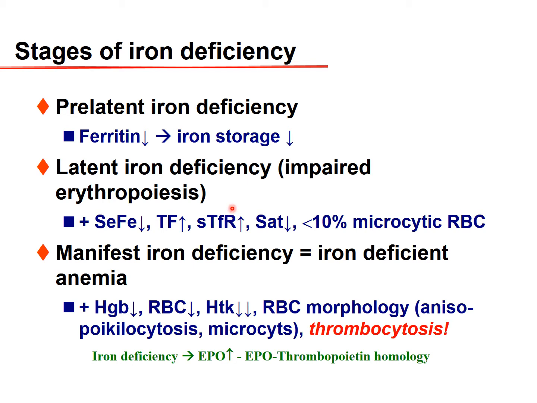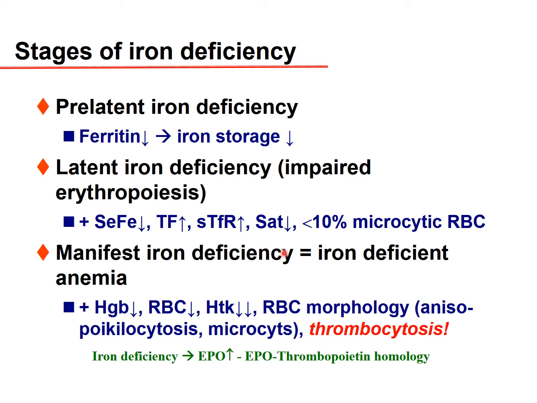So those cells that are taking up the iron, they are hungry. This is why they're expressing more transferrin receptors. And the transferrin saturation will decrease. However, only about 10% of the red blood cells can be microcytic. So this is not manifested yet.